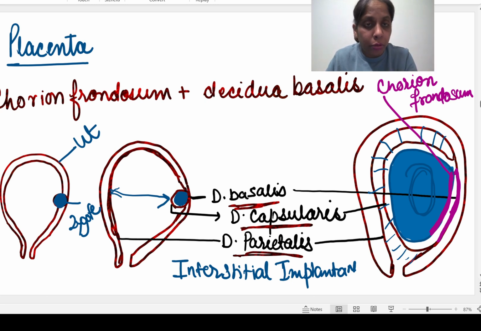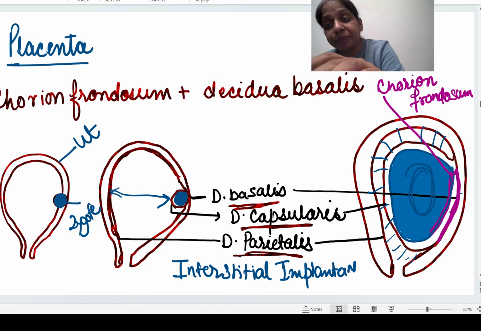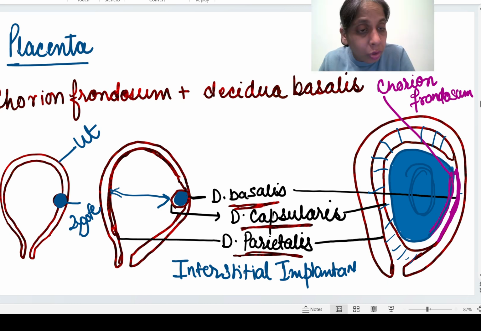The chorion which is just parallel to the decidua basalis, this one which I am highlighting with purple color, is the chorion frondosum, and the decidua which is below the amniotic sac is the decidua basalis.